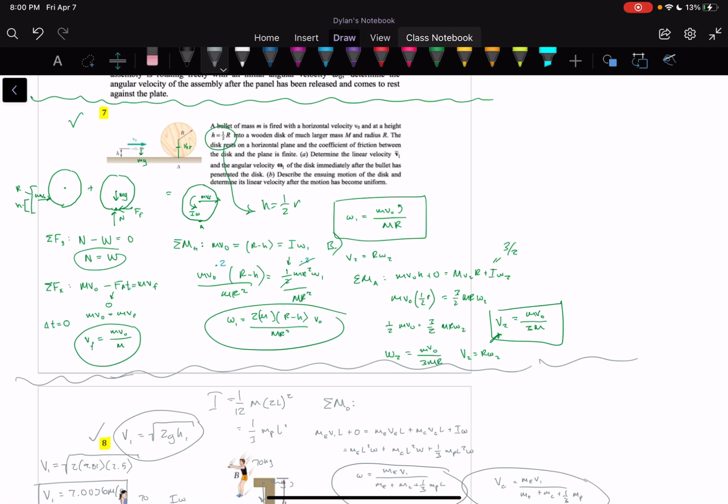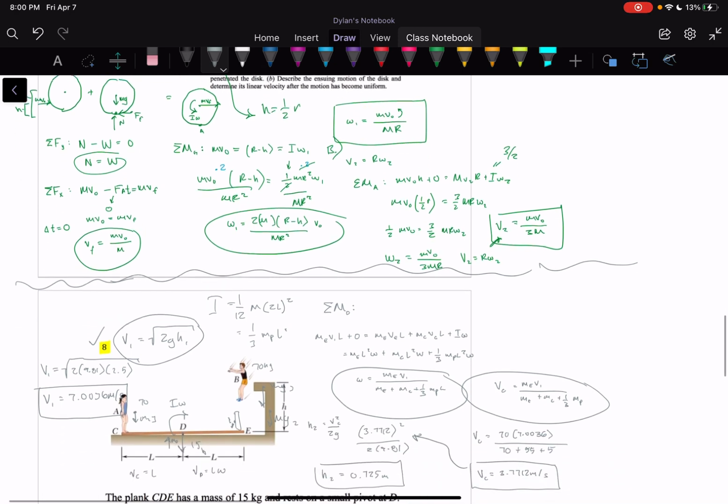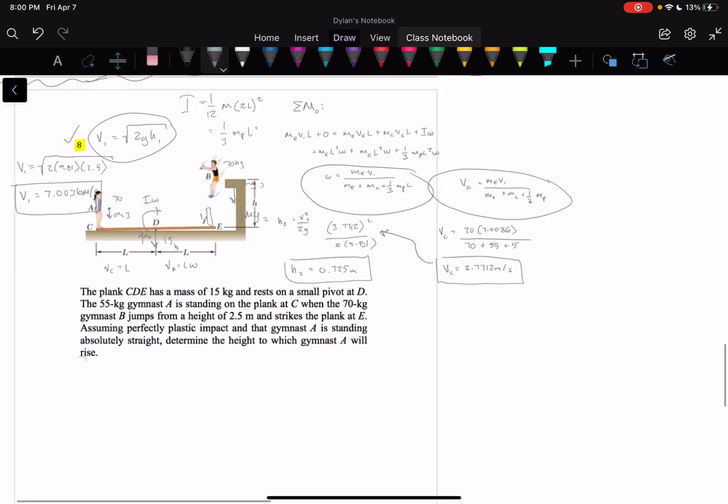Part B, it wants us to find the linear velocity, so we just have to convert all of our components like I omega to v over r for our velocity. That's what omega equals. And then solve for v. And that is it.